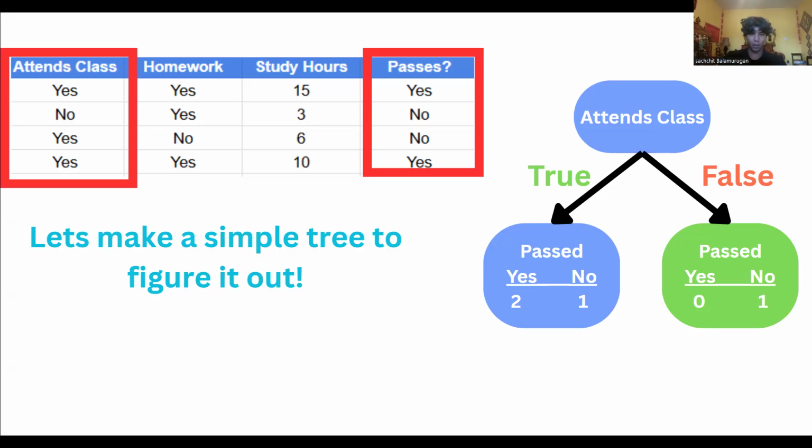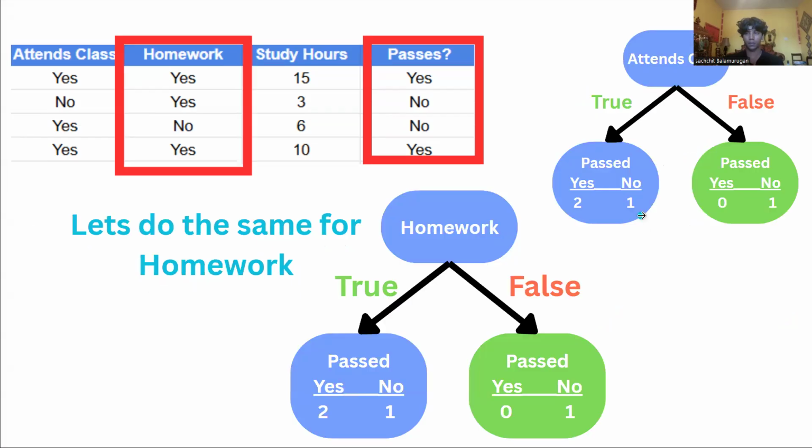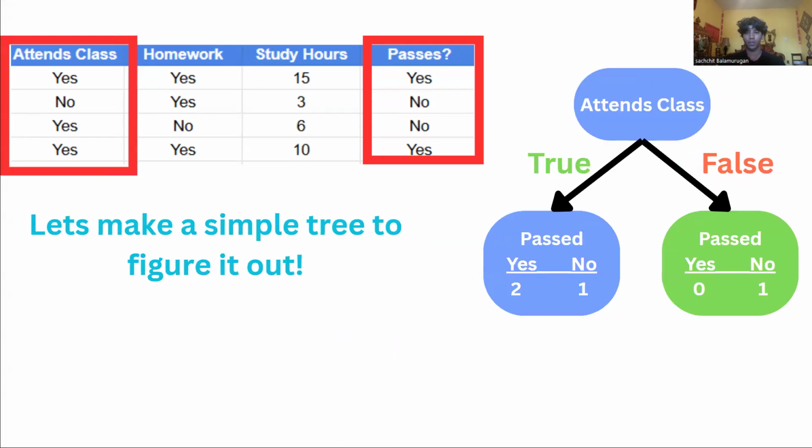So you're just adding it for how many leaves there are. If there's two leaves, you would add it twice. If there's 3 leaves, you would add it 3 times. So basically, add the Gini impurity times the total leaf divided by total. Then we just add both of those.